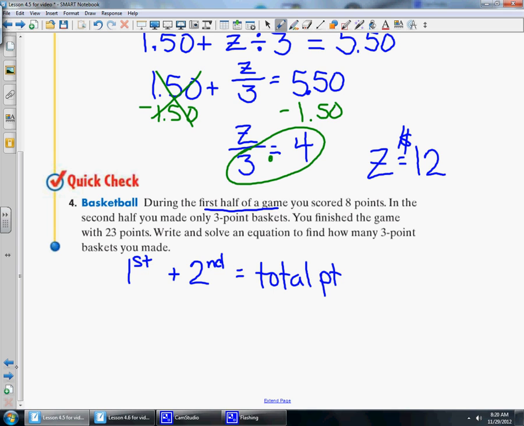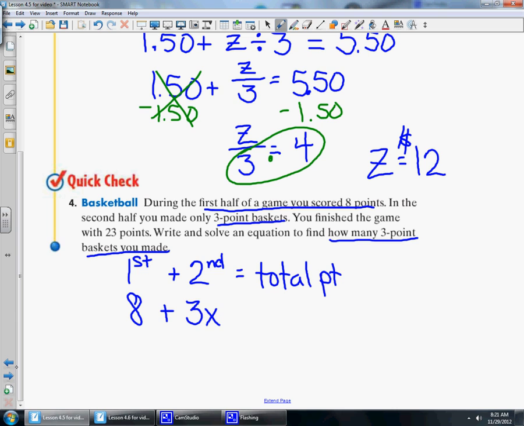So in the first half of the game, you score 8 points. Plus, the second half of the game, you only made 3-point baskets. Well, how many points did you get for a 3-point basket? 3 points. Do you know how many baskets you made? No, that's going to be your variable, x. And they tell you this here, how many 3-point baskets you made.